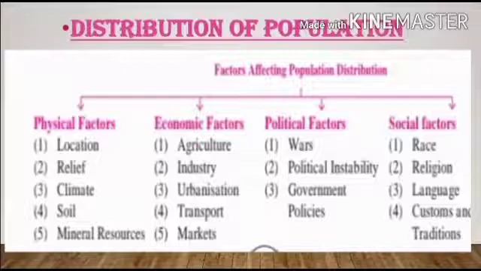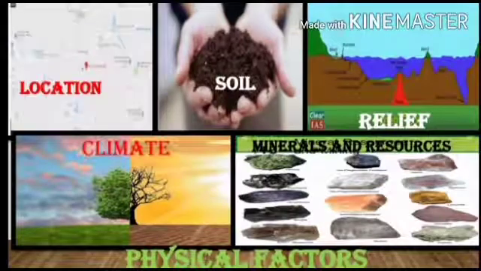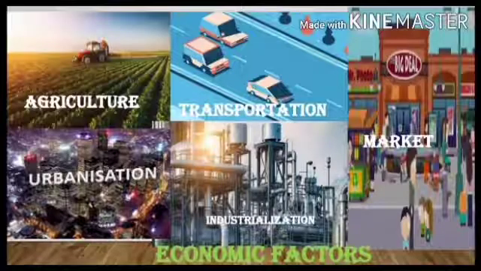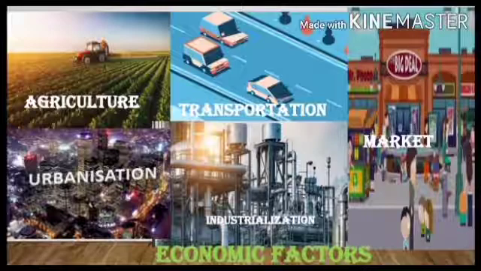So this uneven counting of people is dependent on some reasons such as physical factors, that is location, soil, relief. Relief means ocean floor, climate, minerals and resources. Economic factor means the factors which give us money, that is agriculture, transportation, market, urbanization and industrialization.